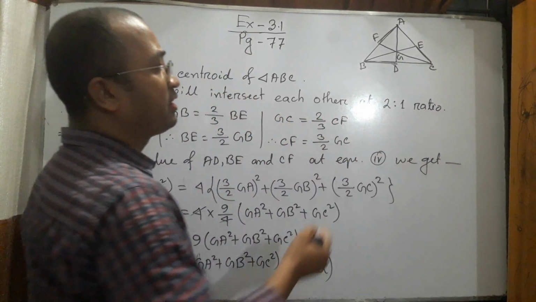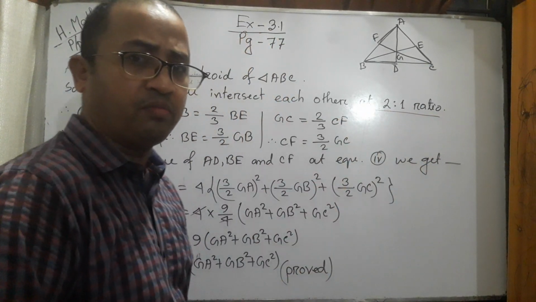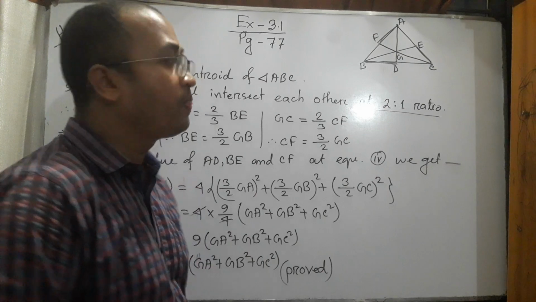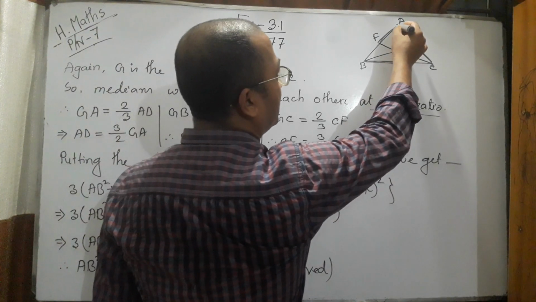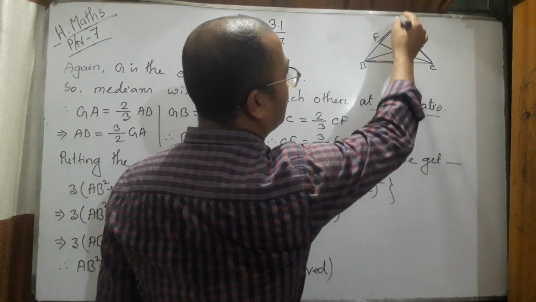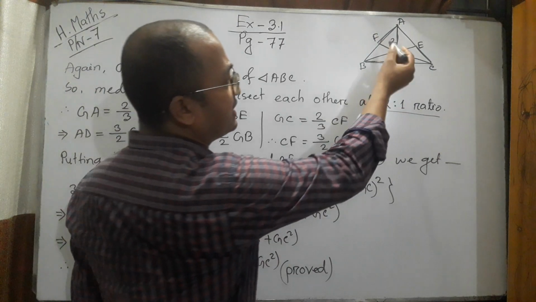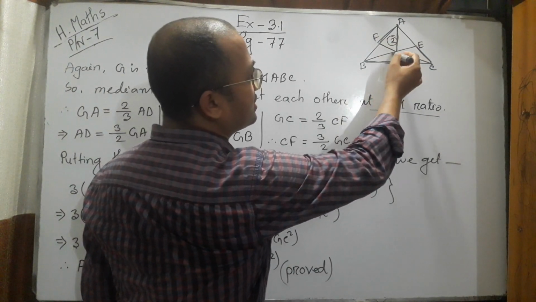I have already drawn it before starting the solution. This one will be 2 parts and this one will be 1 part. Total AD is 3 parts. Out of 3 parts, AG is 2 parts and DG is 1 part.